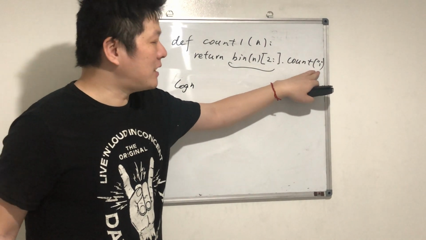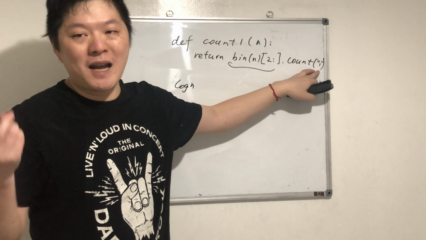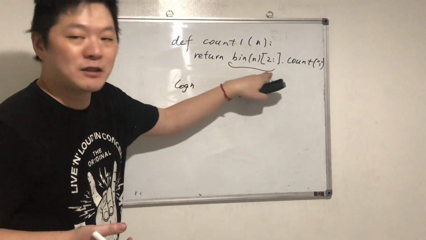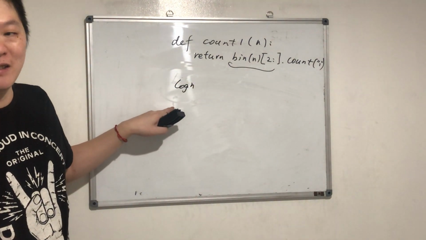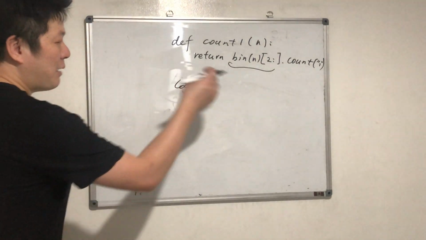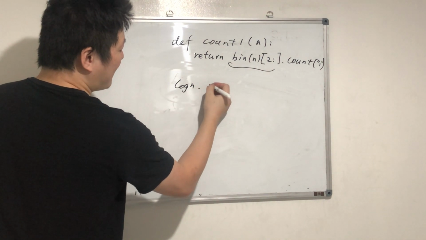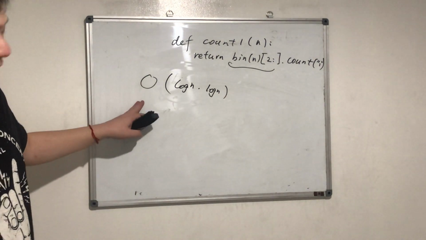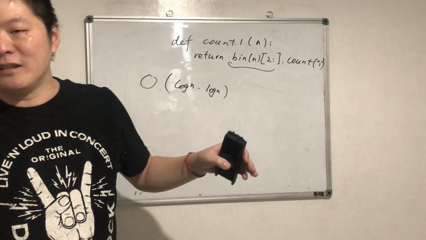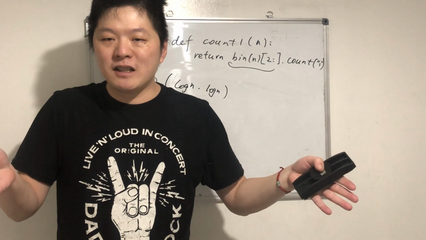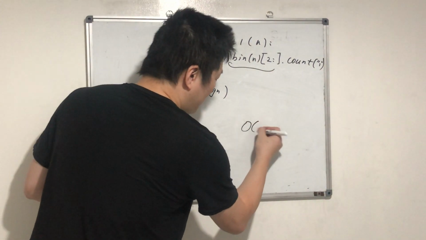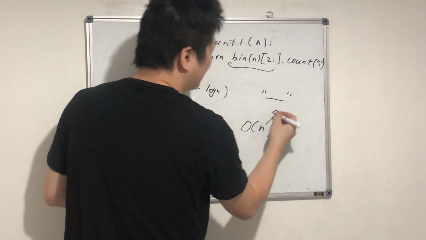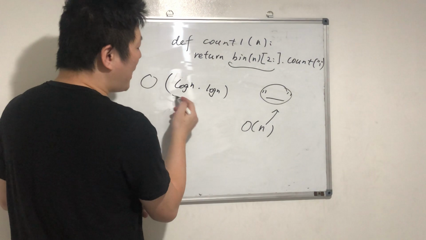Counting usually is O(n), but this n is the number of bits. When you convert it to binary, the number of bits is actually log n.